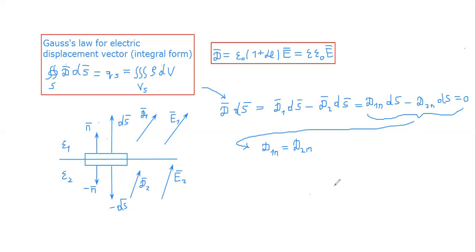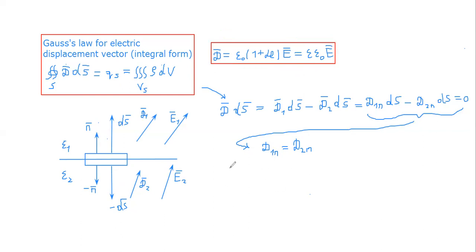Okay, what about the vector of electric field intensity? This vector is connected to the electric displacement vector by this formula.